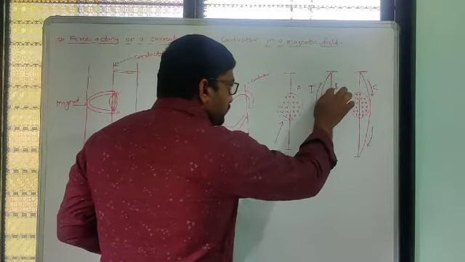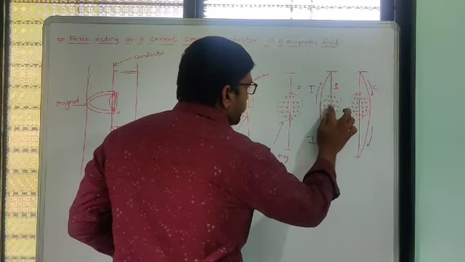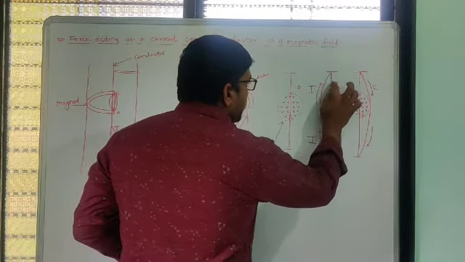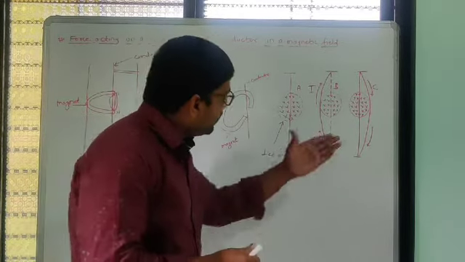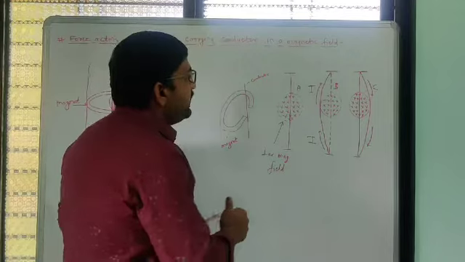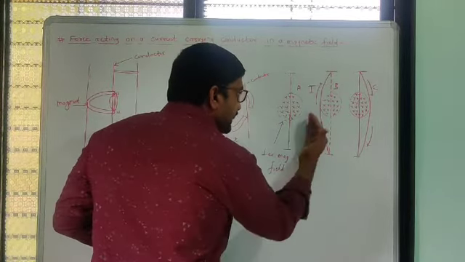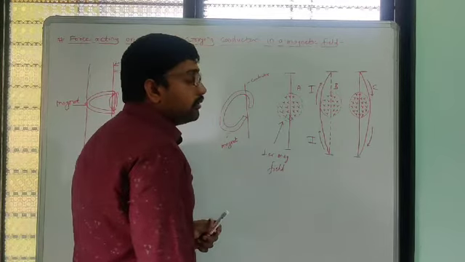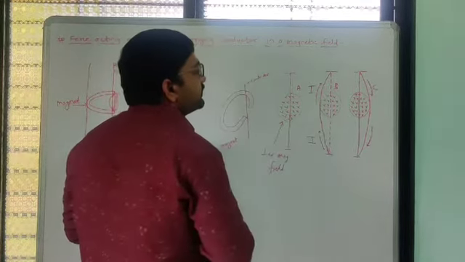Originally it looks like this, but as we pass electric current through it, it bends toward this side. Initially it is straight here, but as we pass electric current downward to upward, it bends towards this side.